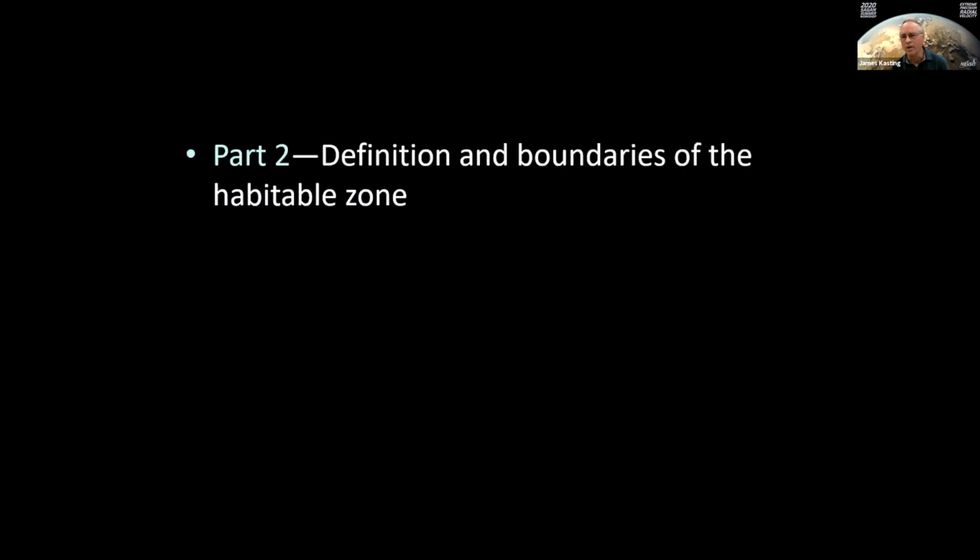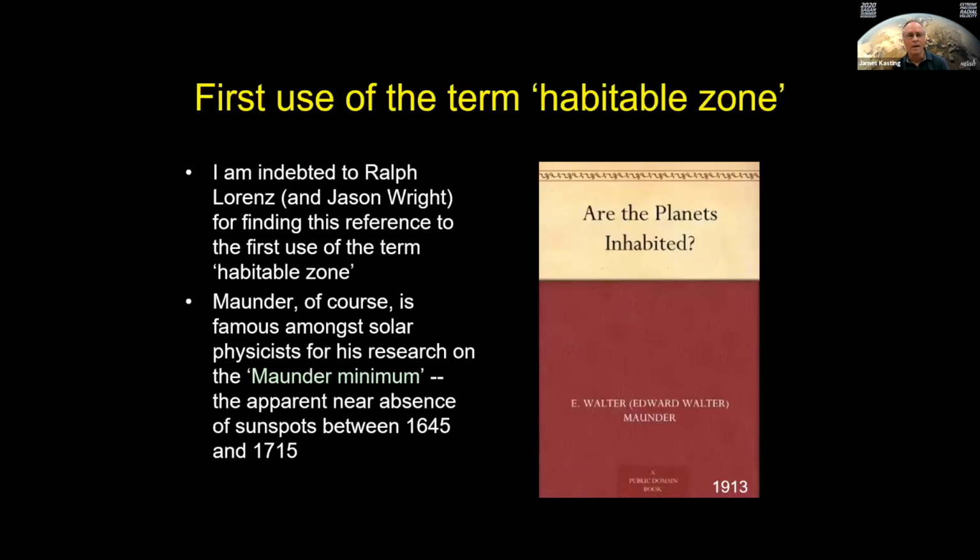All right, the other term that is involved there is the habitable zone. Chad already mentioned that I've worked on that concept on and off for a long time. I only learned just recently, within the last year, that the term habitable zone goes back much farther than I had realized.